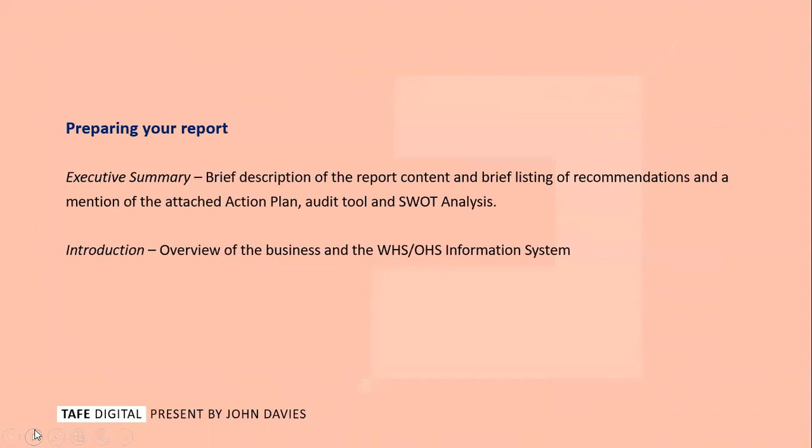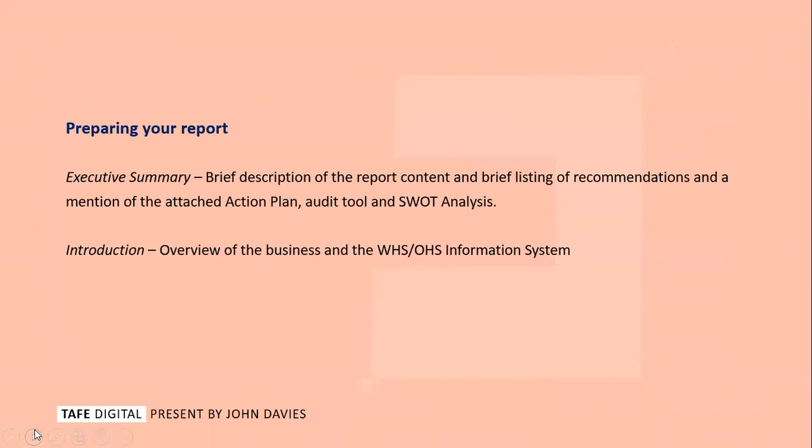It is intended as an aid to decision making by managers and should include a brief description of the recommendations and a mention of the action plan. The executive summary is normally not more than 1 page in length and should provide an adequate representation of the entire document in a shortened form.